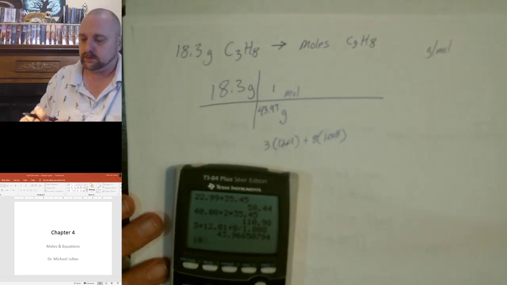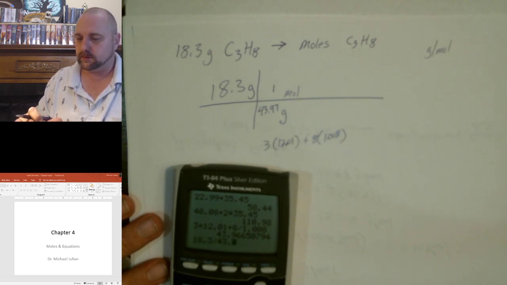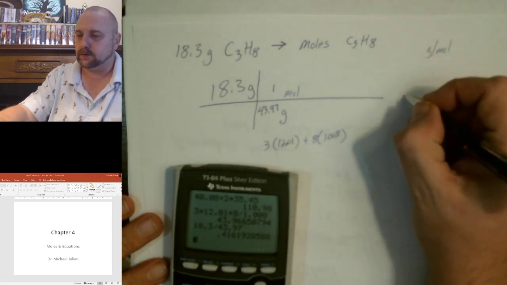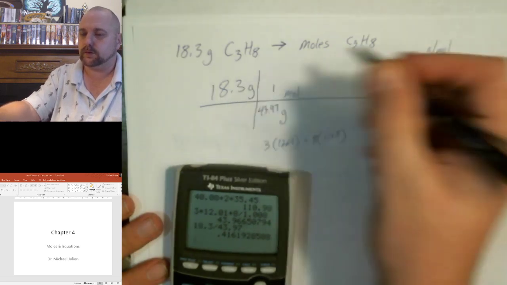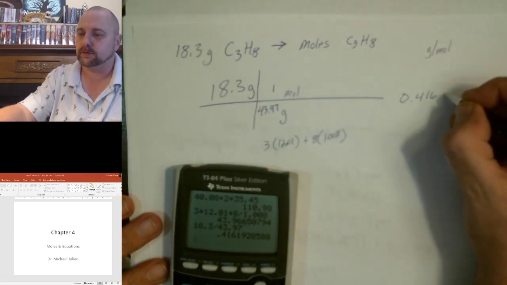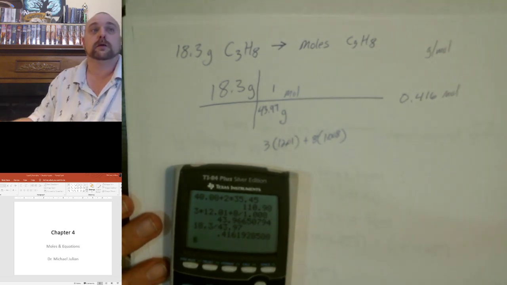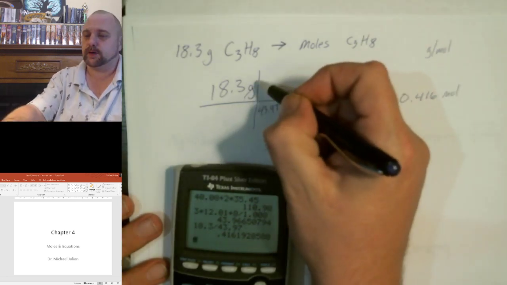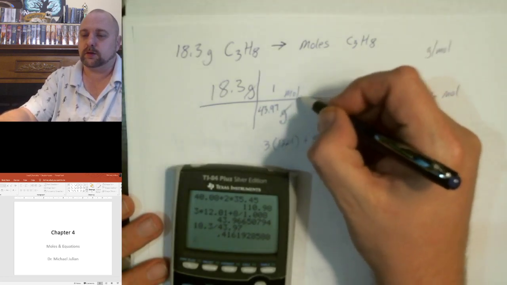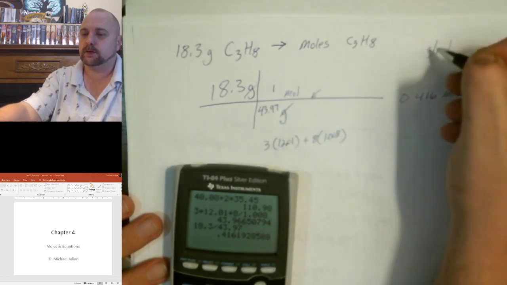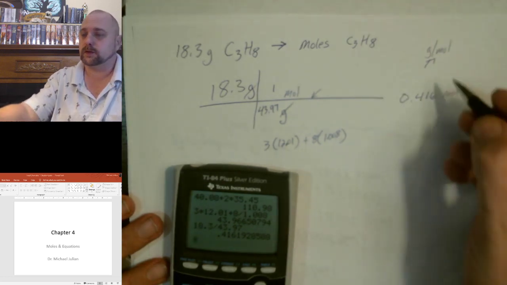So then 18.3 divided by 43.97. That'll be 0.416. Started with 3 sig figs, I'm going to end with 3 sig figs. We'll have moles. Notice the grams canceled out. You'll notice I use grams per mole. This division line is this division line.